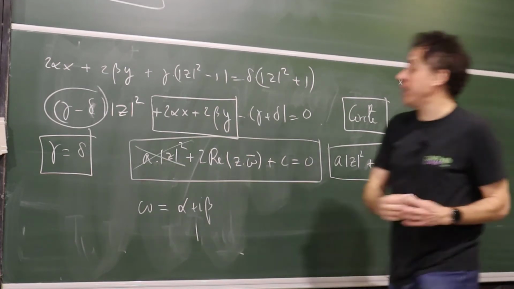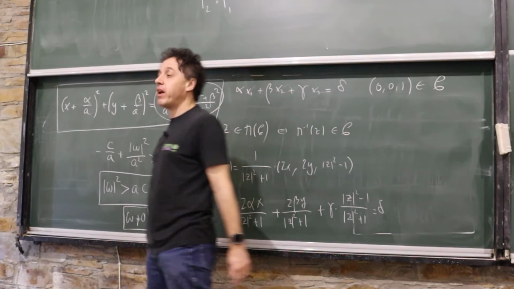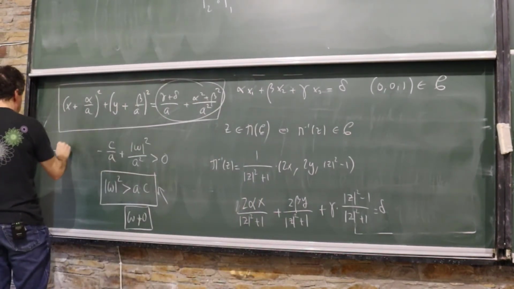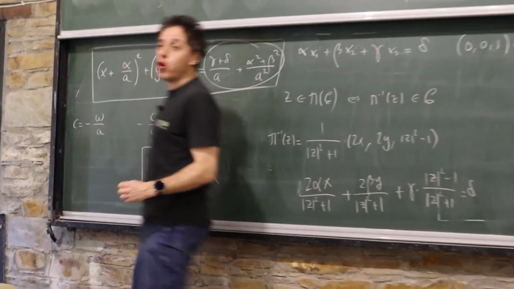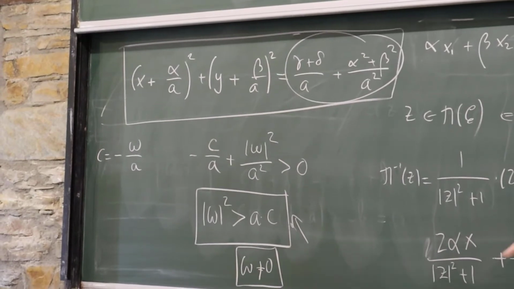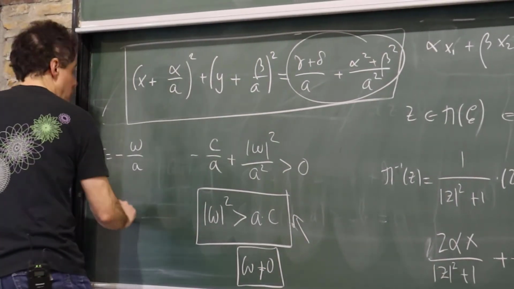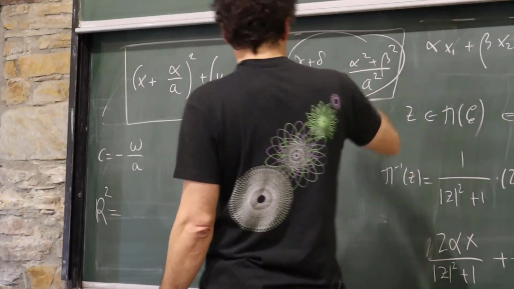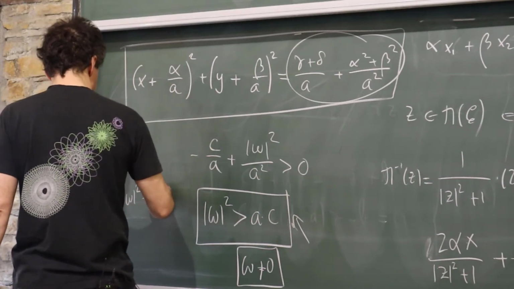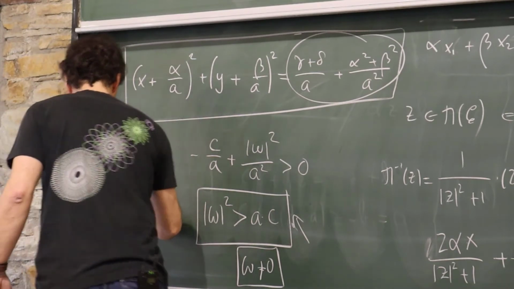Let us observe that with this notation, the center of the circle is the point minus alpha over A, minus beta over A. So the center is the point minus omega over A, where omega is this complex number, and the radius squared would be something like omega square minus A times C divided by A square.